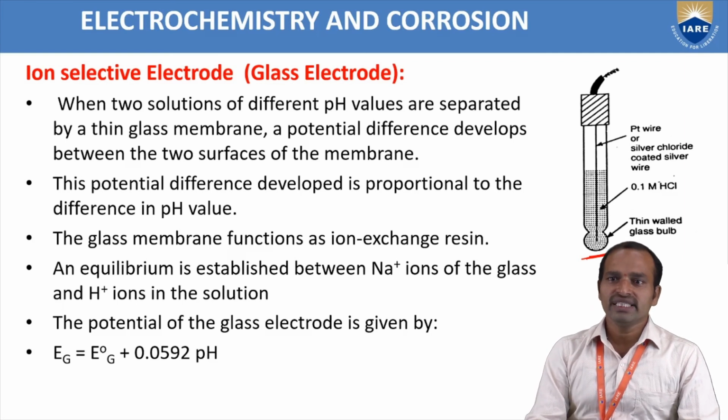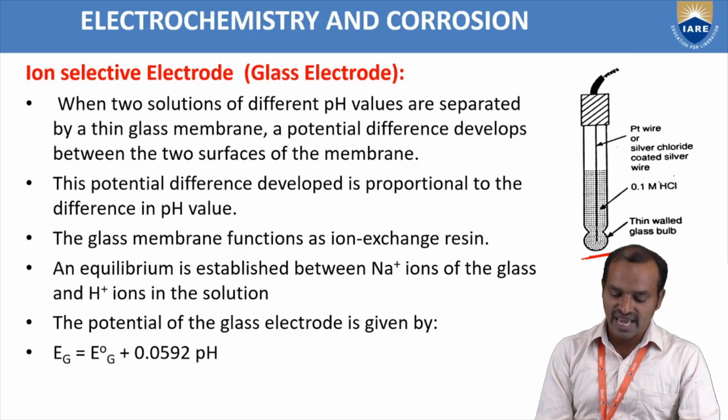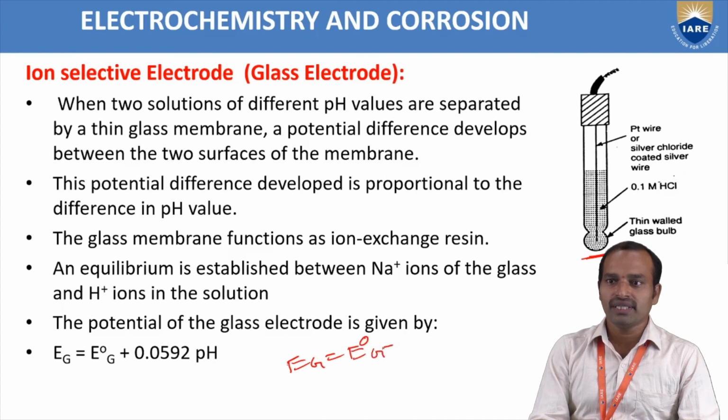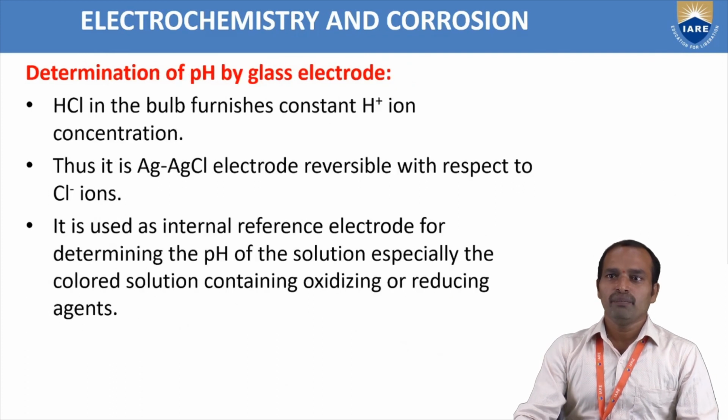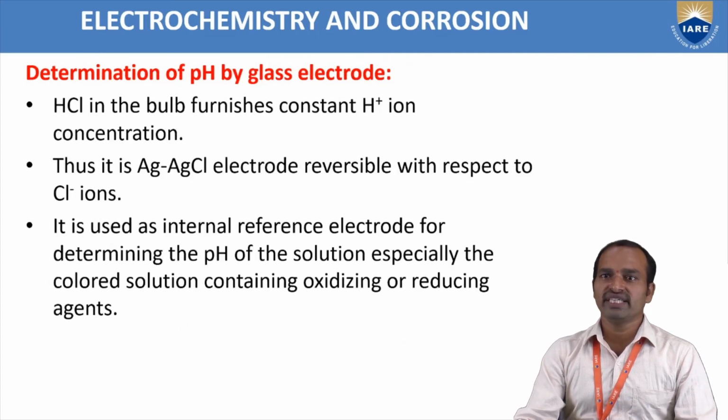Therefore, the potential of the glass electrode is given as Eg is equal to E naught G plus 0.0591 pH. By using this equation, we are determining the unknown solution pH value. Now, by using the glass electrode, we determine the pH of the solution. In this, the HCl in the tube furnishes the constant H plus ion concentration.